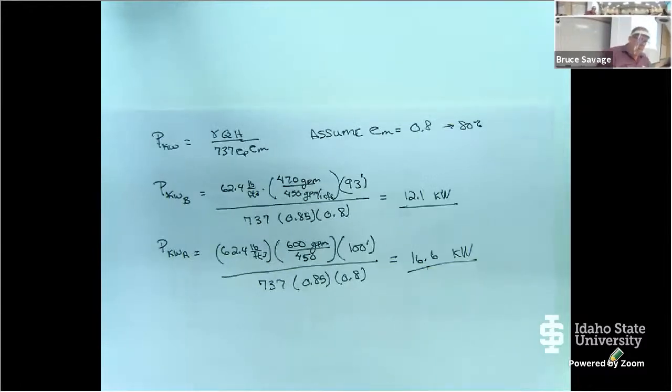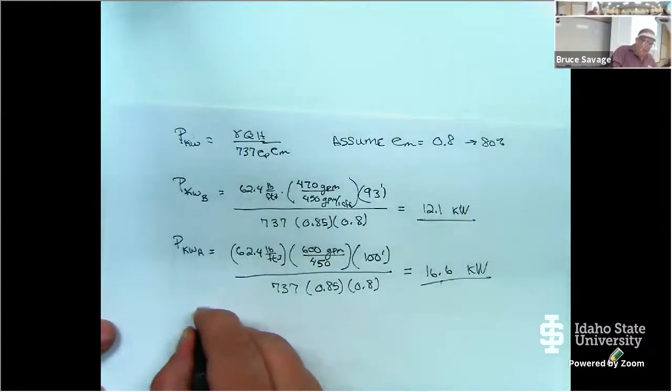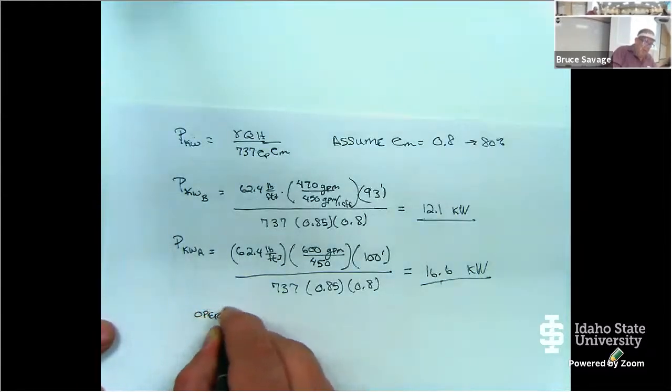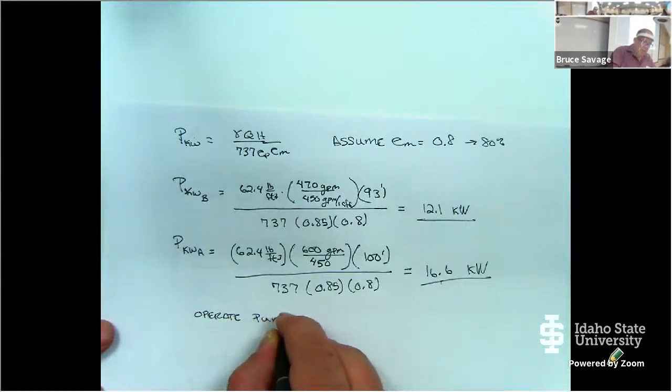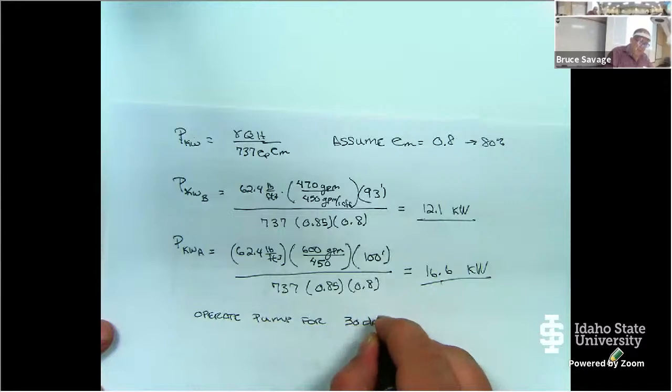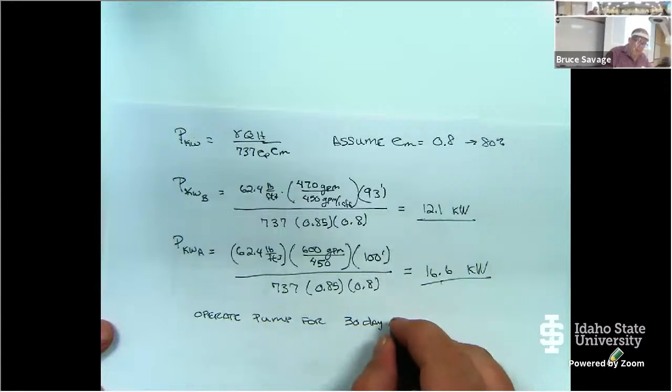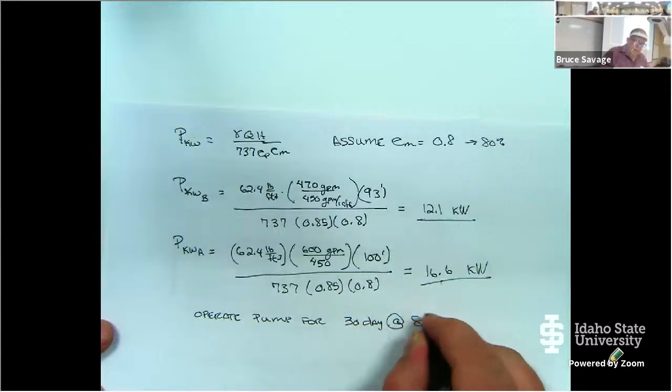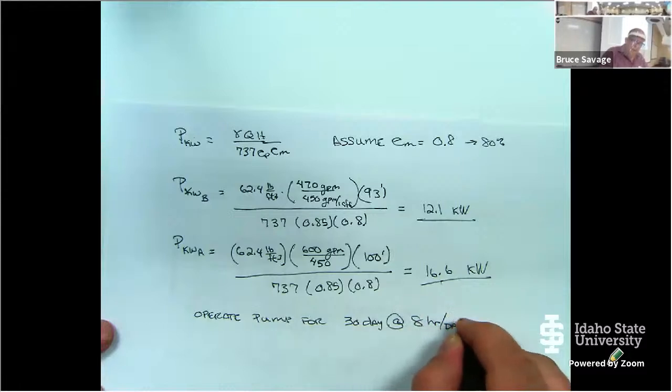Okay, so let's say I want to operate pump B for 30 days at 8 hours per day.